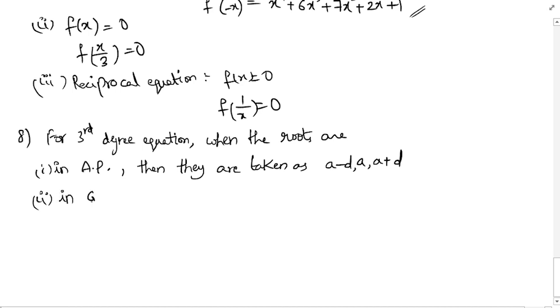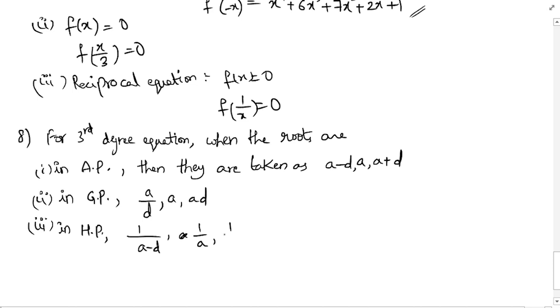Suppose it is given that the roots are in GP, then we will consider it as A by D, A and AD. And for suppose it is given that the roots are in HP, then we will consider it as 1 by A minus D, 1 by A and 1 by A plus D.